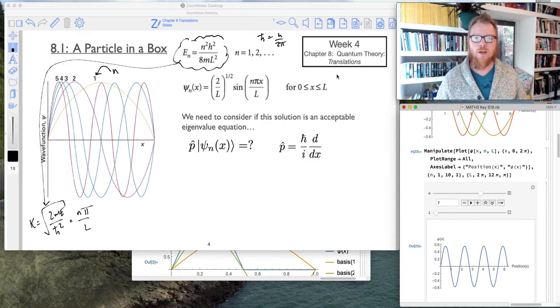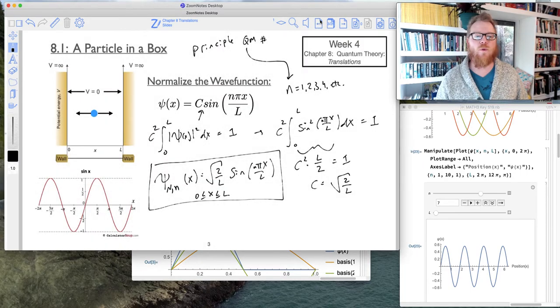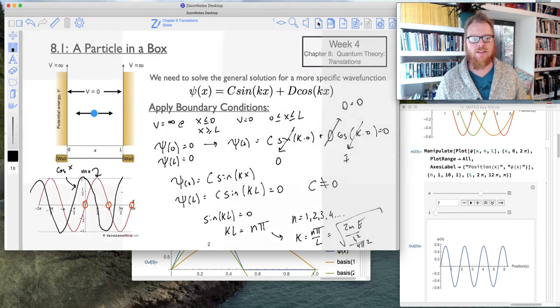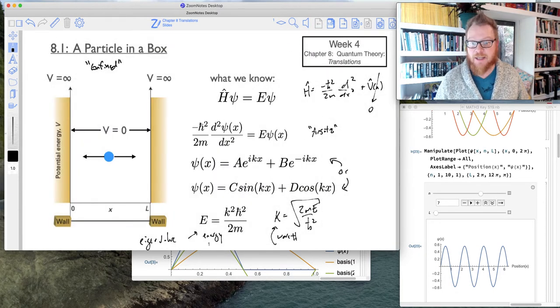Okay, so we established here that the only energy that we have in this box is kinetic, because V is equal to 0. So this is the solution to the kinetic energy, k squared h bar squared divided by 2m, the same energy. We know that's its only energy, which is kinetic.